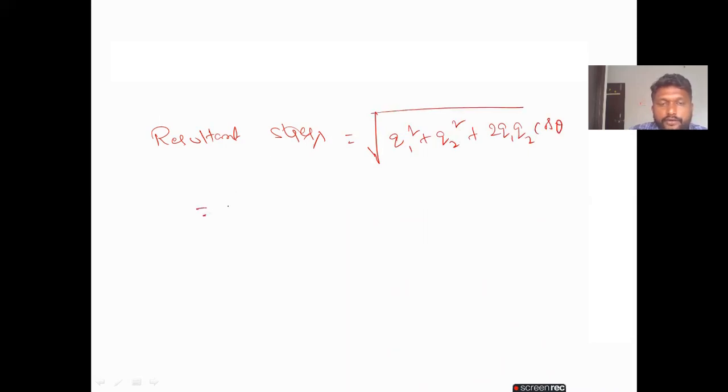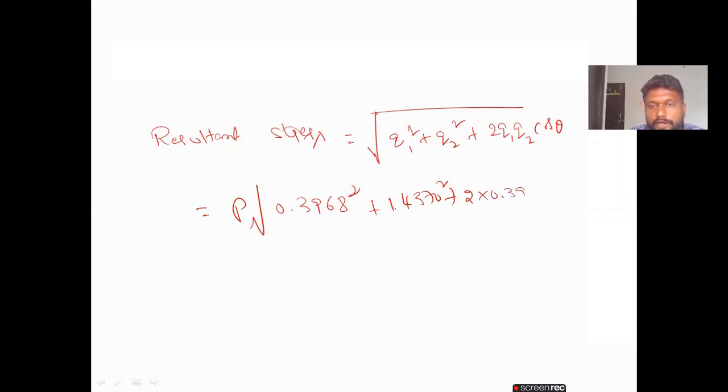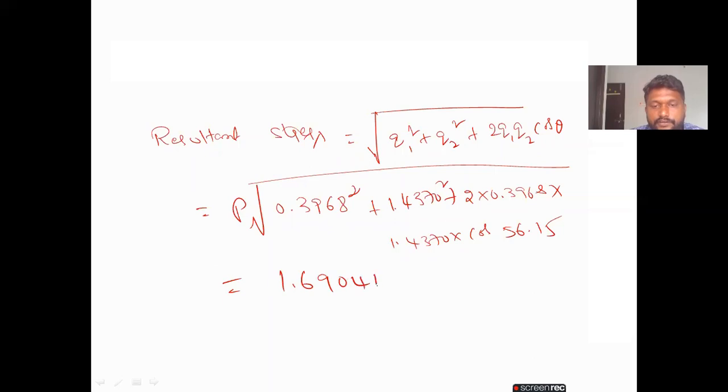So here, if you take the P value as common, then square root of 0.3968 square plus 1.4370 square plus 2 into 0.3968 into 1.4370 into cos 56.15. Then we will get the answer 1.69046 P.